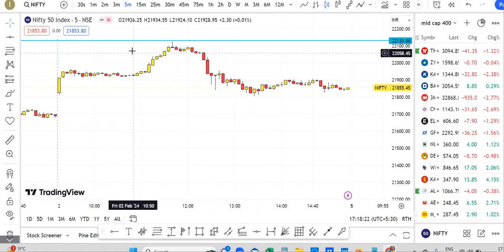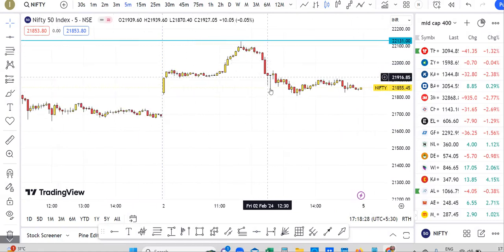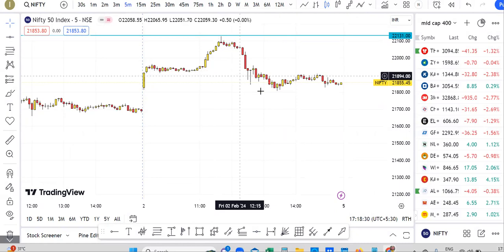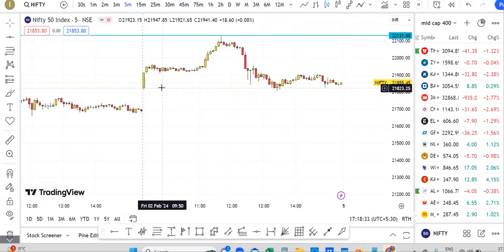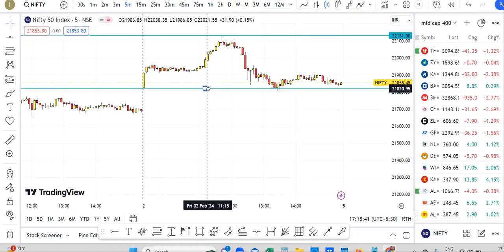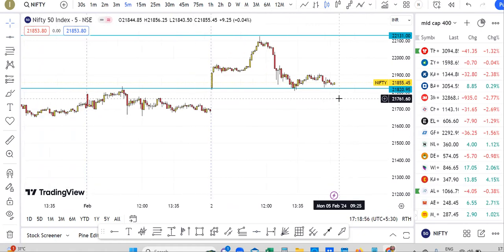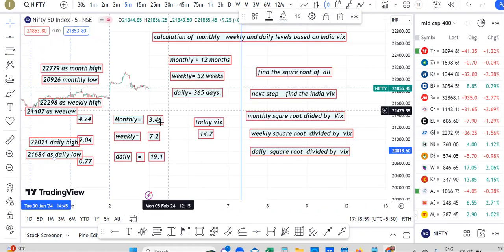Price action could not go to that level. Then Nifty experienced a huge sell-off. From where it started, it came down. See, this was the low, 21,812. It even made a lower low, 21,805. And then finally it closed around 21,855.